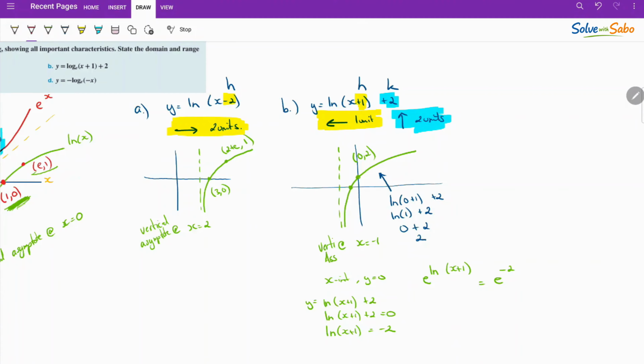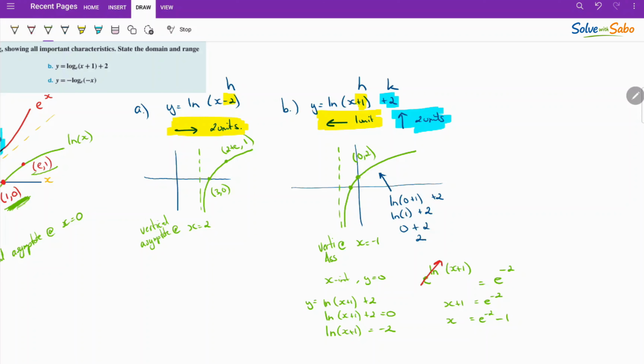And what's actually going to happen here is this e to the ln is just going to cancel out. So it's just going to be x plus 1 equals e to the -2. Now, as soon as we've got our x outside from our log, it's a nice easy solve. e to the -2, take 1. Now, that would be my exact value solution.